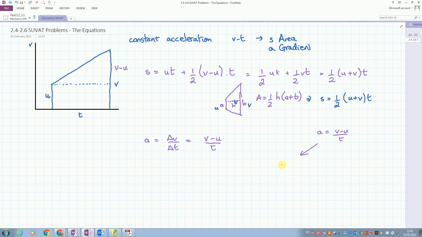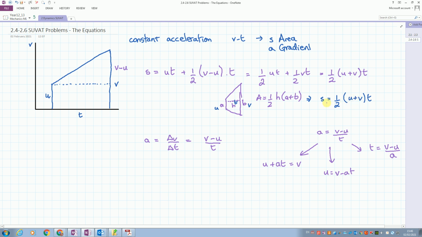We can multiply by T, so AT equals V minus U, and V equals U plus AT, or often we might need U equals V minus AT, and one useful one is T is the change in velocity divided by the acceleration required to do it.